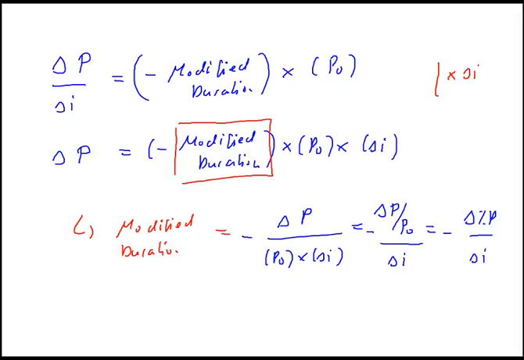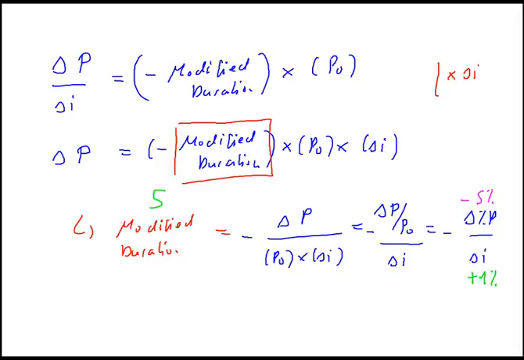So for example, if duration is 5 and interest rates increase by 1%, then we expect that the bond price will fall in percentages by 5%. So that's the meaning of modified duration.